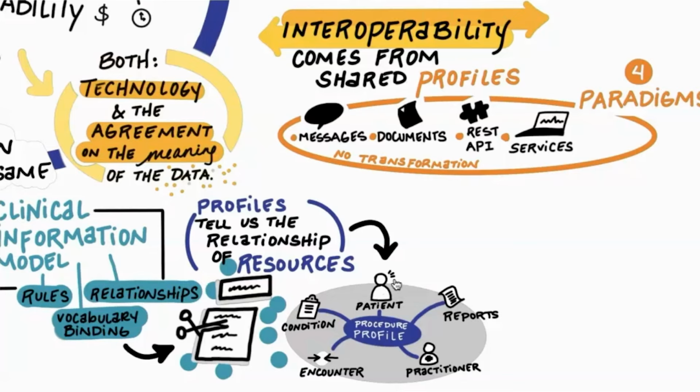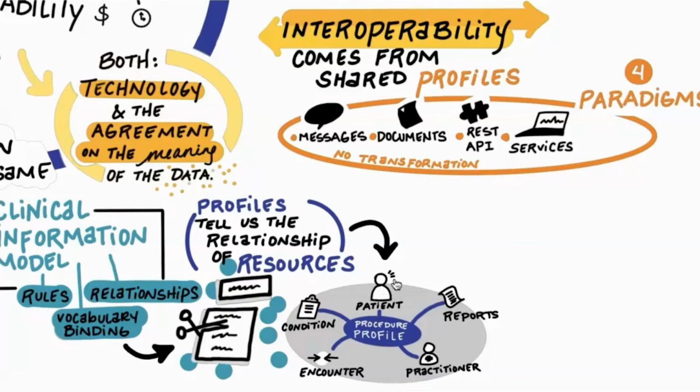So for every procedure, there's a FHIR procedure resource that says what procedure exactly it is. There's a patient, a FHIR patient resource upon whom the procedure was performed. There's a FHIR practitioner resource who's the performer of that procedure.